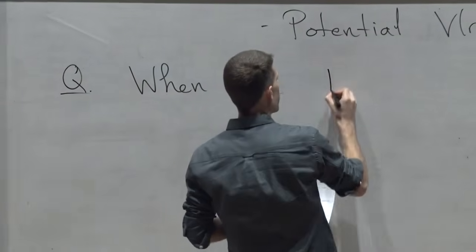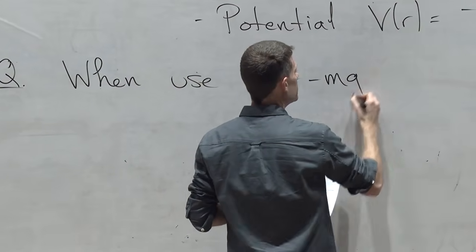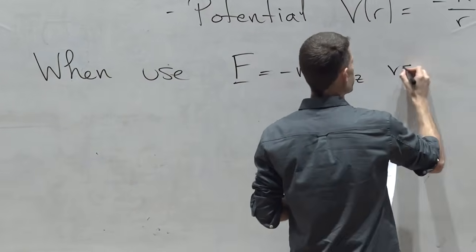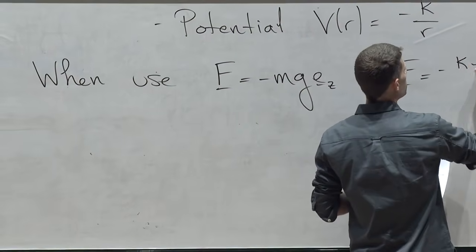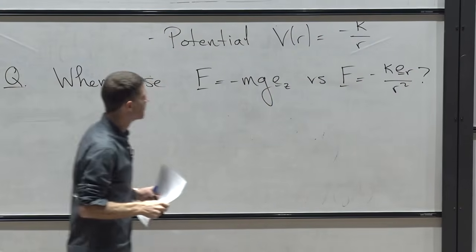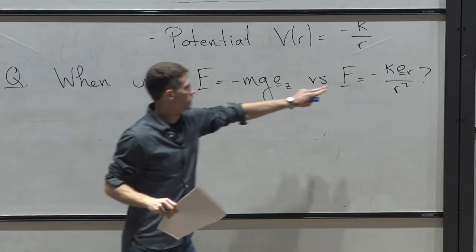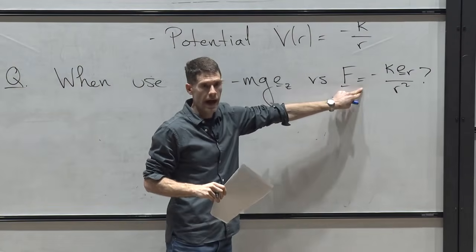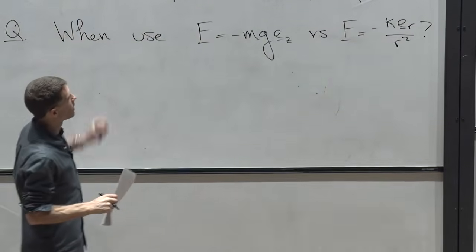When do we use F equals minus mg Ez versus F equals minus k Er over r squared? You said that's what we've been using for gravity. This is what I'm telling you is actually the accurate description of gravity, at least within Newtonian mechanics.